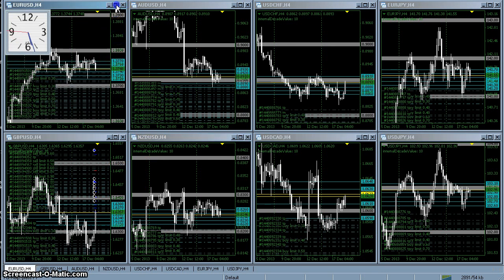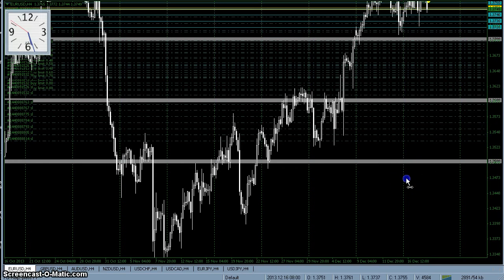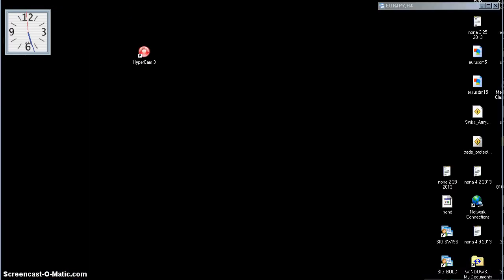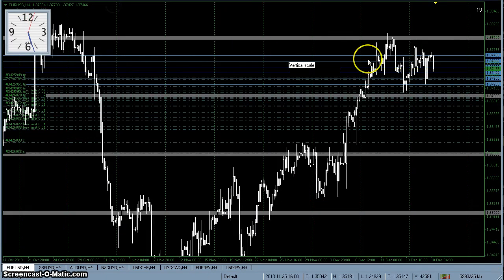Like here's the euro dollar. See, now this broker hasn't updated yet, so this is a possible pullback in here. Fill these tickets. Then this broker hasn't updated yet either on the 4-hour. So I only have one. This is euro dollar 4-hour.